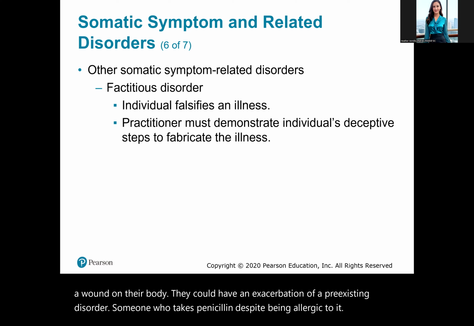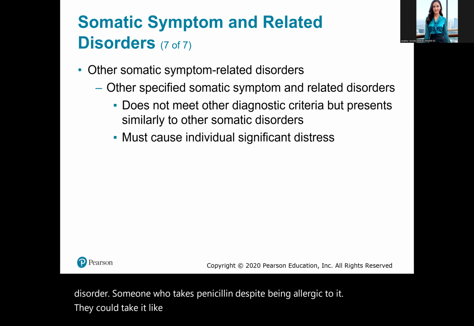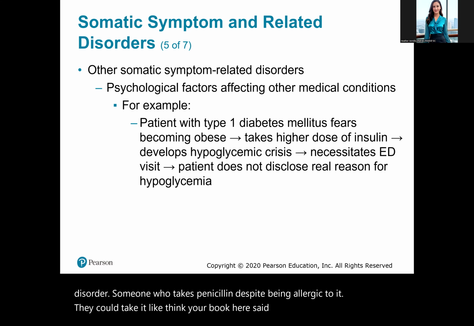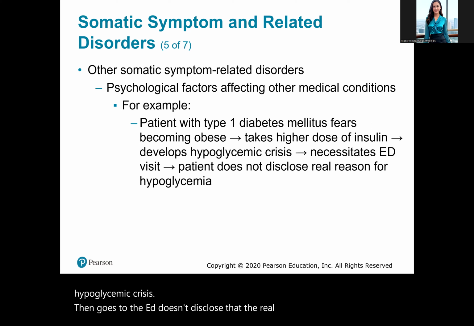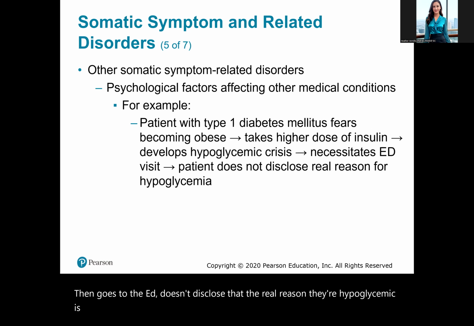They could, like, I think your book here said something about a person with type 1 diabetes who takes higher doses of insulin, develops a hypoglycemic crisis, then goes to the ED, and doesn't disclose that the real reason they're hypoglycemic is because they took too much insulin.